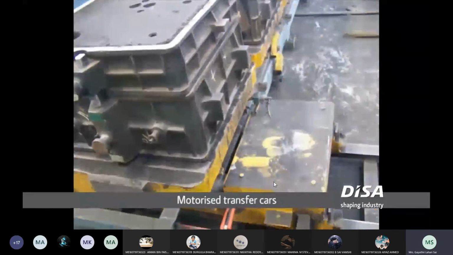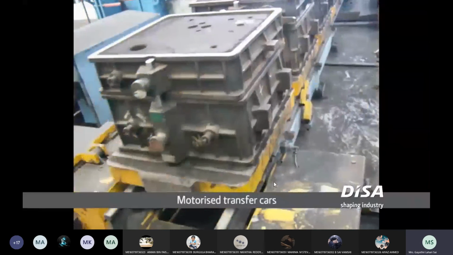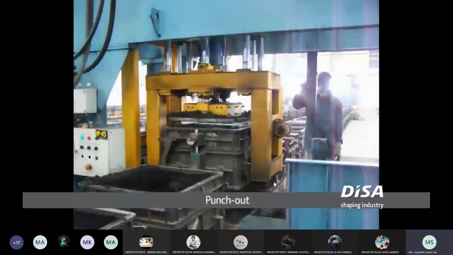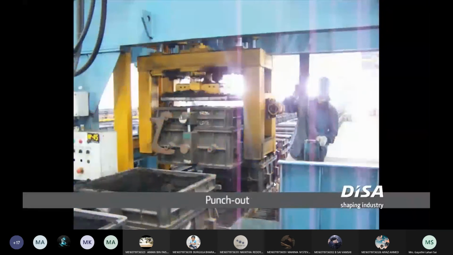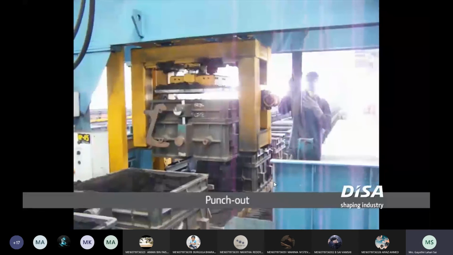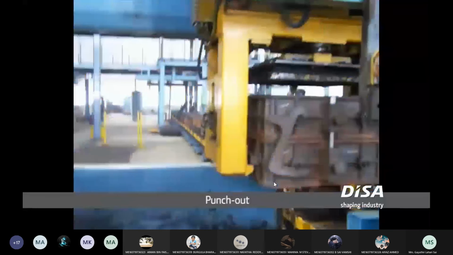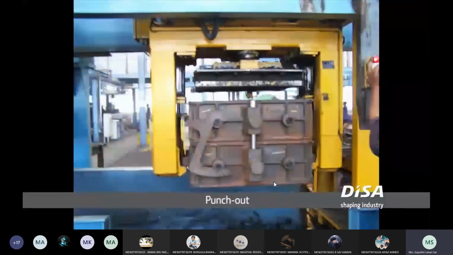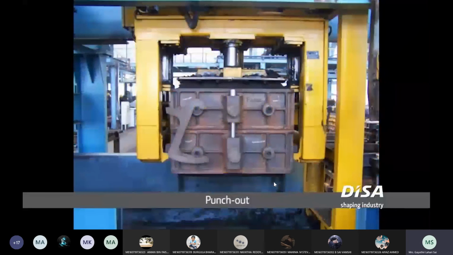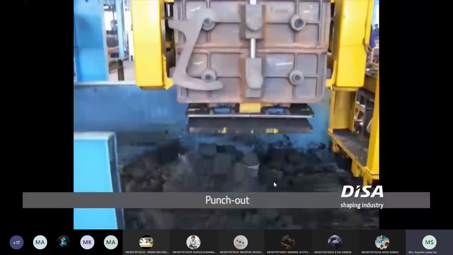You can see there are holes on the cope for the sprue and riser. See how they will break it. See, they are breaking it and they will remove the solidified component. You can see the component there.